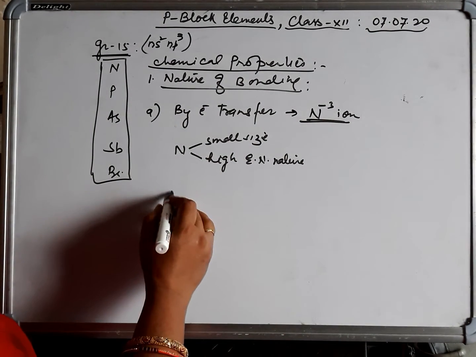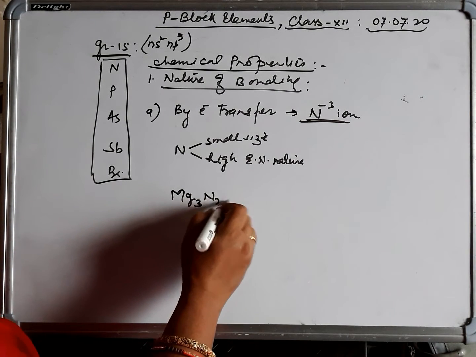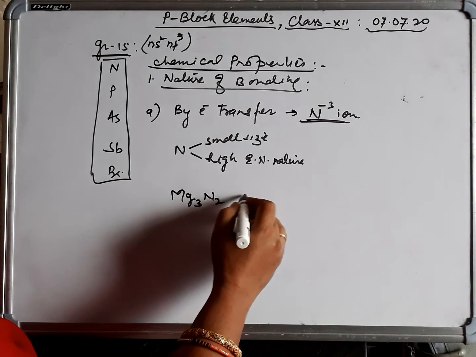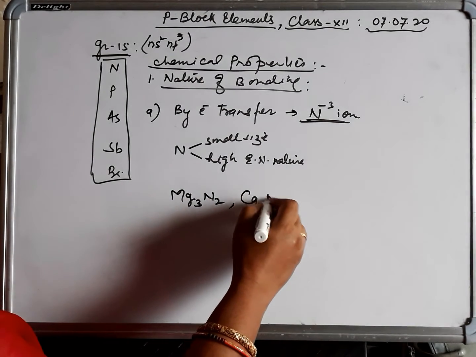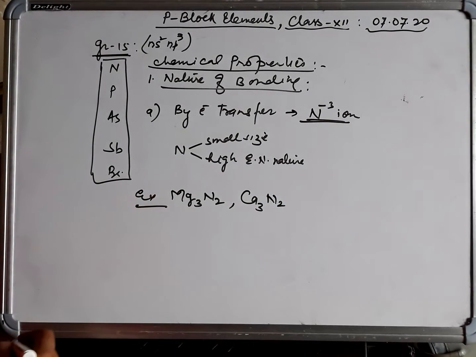So it can easily form compounds with metals like magnesium, where the type of bond is ionic: magnesium nitride, calcium nitride, and so on.